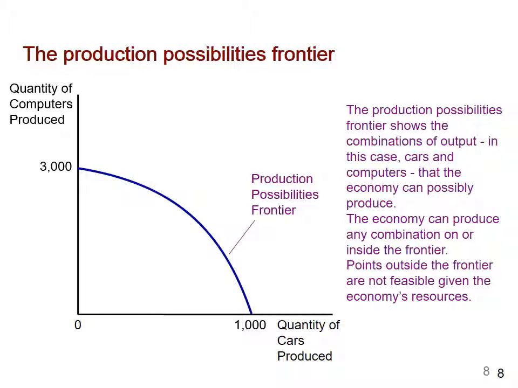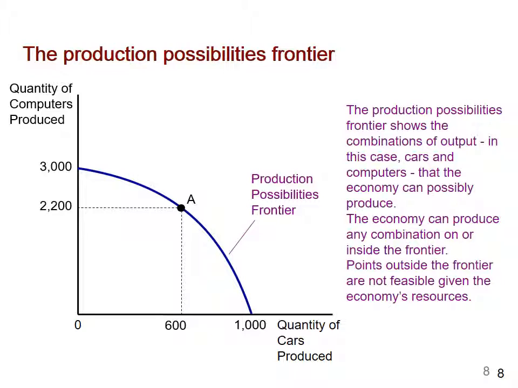Now it could also decide to produce a combination of cars and computers. The blue line depicts all possible combinations of cars and computers this country can produce, given that it fully utilizes all its resources and uses the best possible technology.